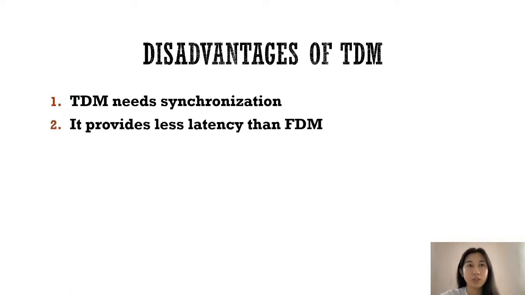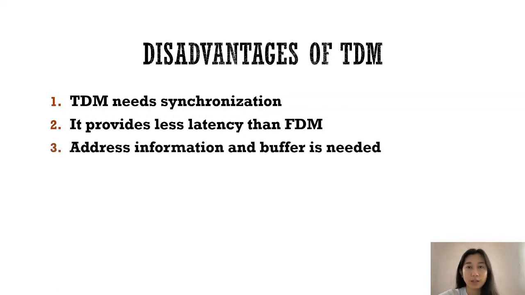Another noticeable disadvantage is that it provides less latency than FDM. Latency refers to how long it takes for a signal to travel to its end and back. Although lower latency is better, since latency is essentially a delay between when you take an action and when you see the result.